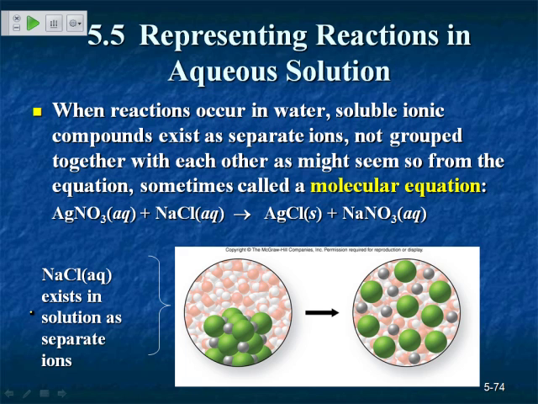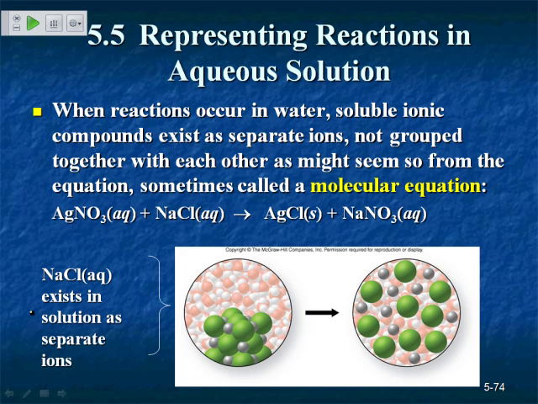If you look into the beaker after the reaction is performed, the white solid is AgCl existing as solid, whereas sodium nitrate is again an aqueous species. That means this is separated into Na plus and NO3 minus ions. So when we write an equation like this, showing just the formulas and physical states, and this equation is balanced as it is written, so we don't need any other coefficients.